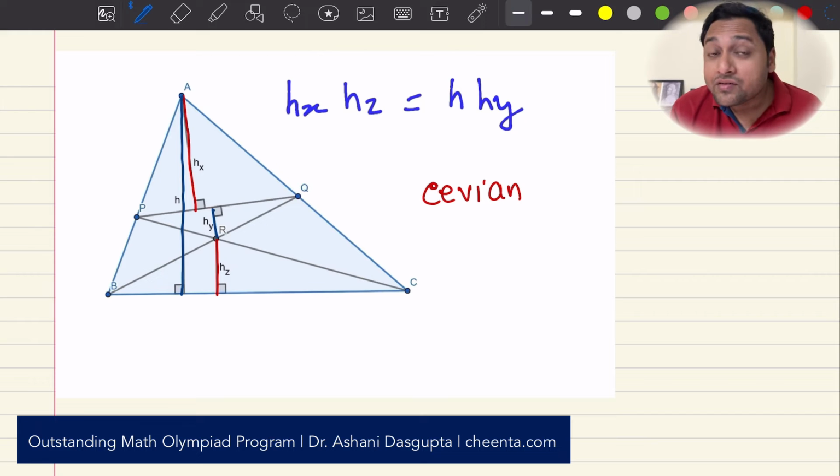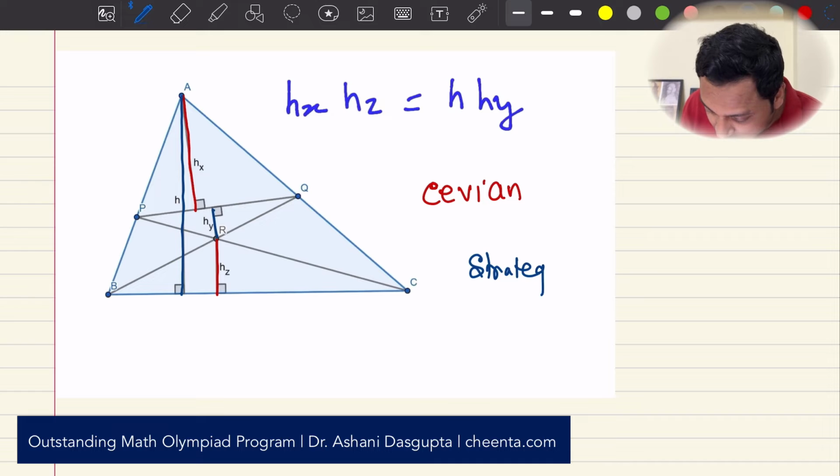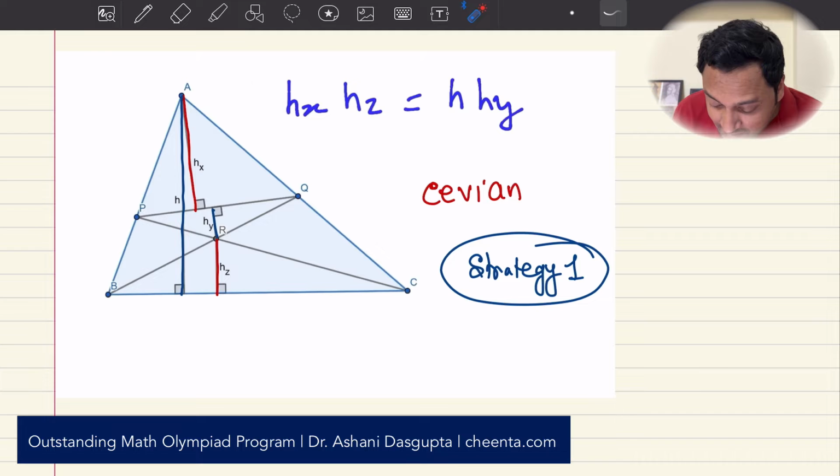Now, whenever you see a product of some lengths, this is the first strategy that usually works. Let me write it down. You convert it into ratios. Instead of working with products, you convert it into ratios.